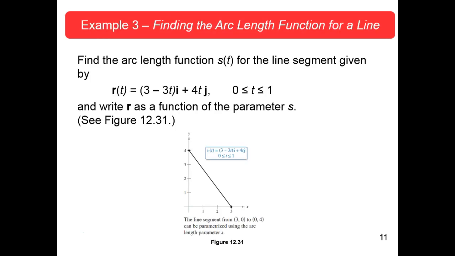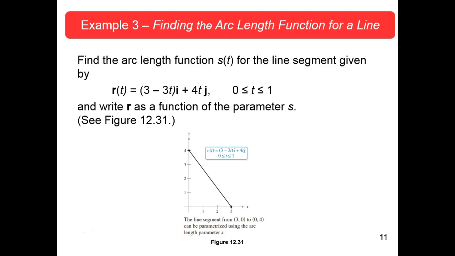Now, the next example is example 3. Find the arc length function s of t for the line segment. This is a line segment now, in 2-space, not in 3-space. r of t is equal to (3 minus 3t) i plus 4t j, where t is going from 0 to 1.